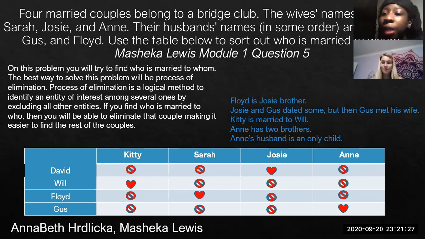And then as we keep continuing, we'll notice that another person will be married to someone else, and then we just eliminate the other possibilities. Finally, you'll only have one section left, which is Sarah, and you'll find out that everybody else is marked out for Sarah, and only Floyd will be left. So we know for a fact that Sarah is married to Floyd, Kitty is married to Will, Josie is David, and Anne to Gus.